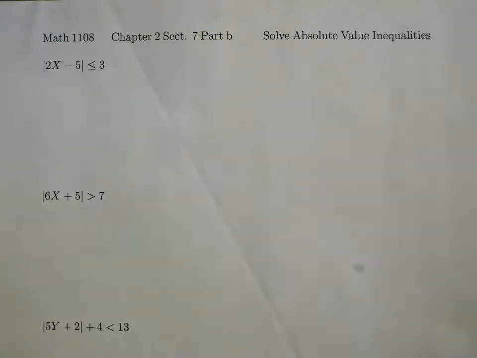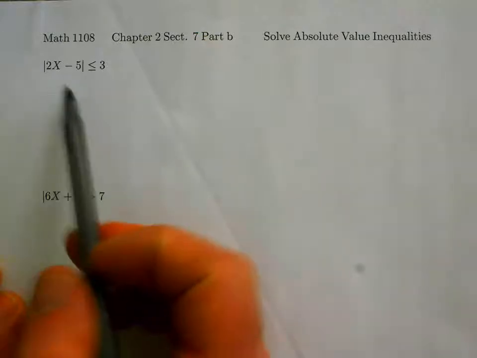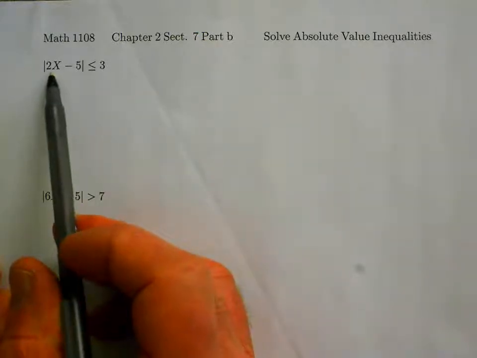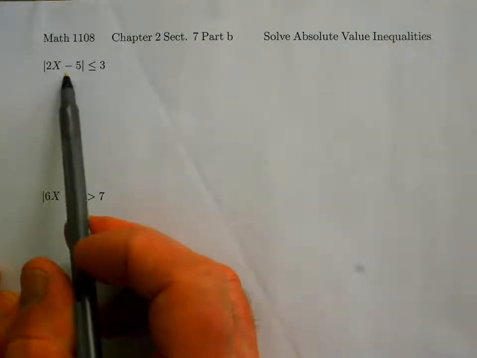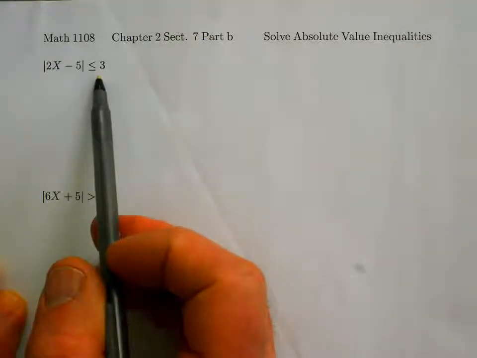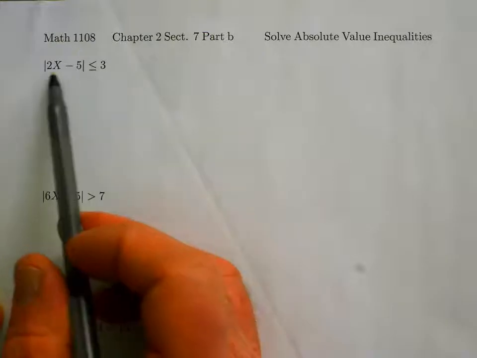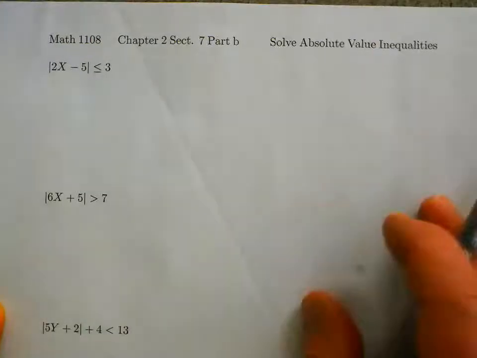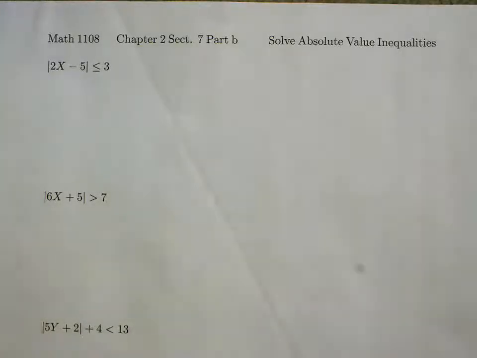Think about what that means. If the absolute value of a number is less than or equal to 3, that number has to stay pretty close to 0, because its distance from 0 is less than or equal to 3.